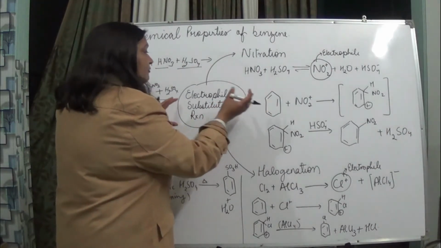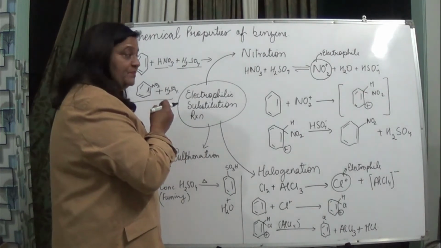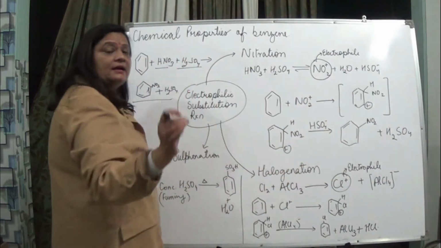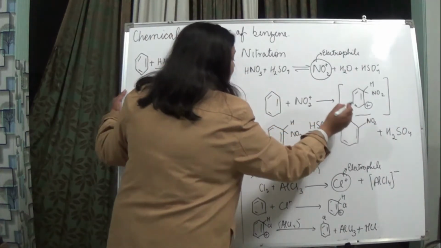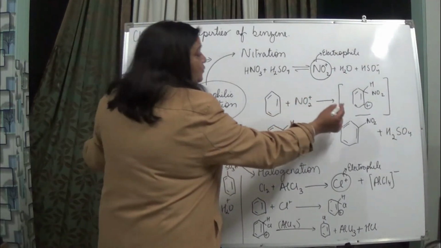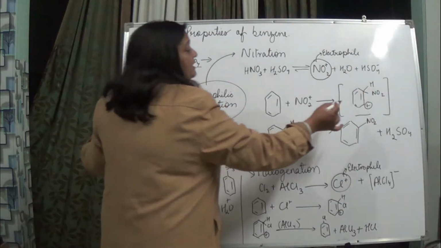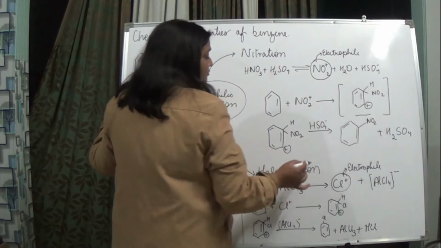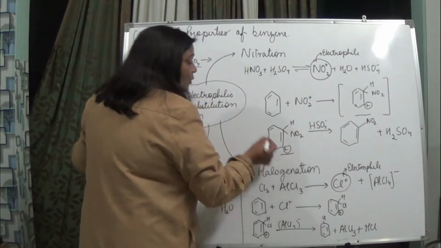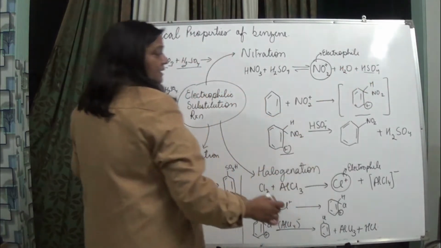This is the property of benzene, that it takes up the electrophile. NO2 gets attached to the benzene ring, creating an intermediate, and the plus sign shifts over here. This intermediate then takes up the HSO4 minus present in the reaction.